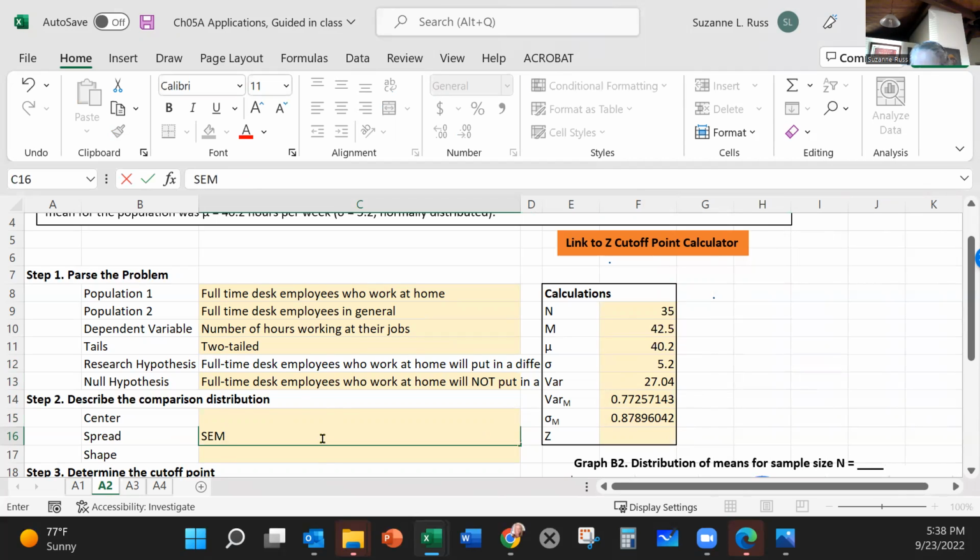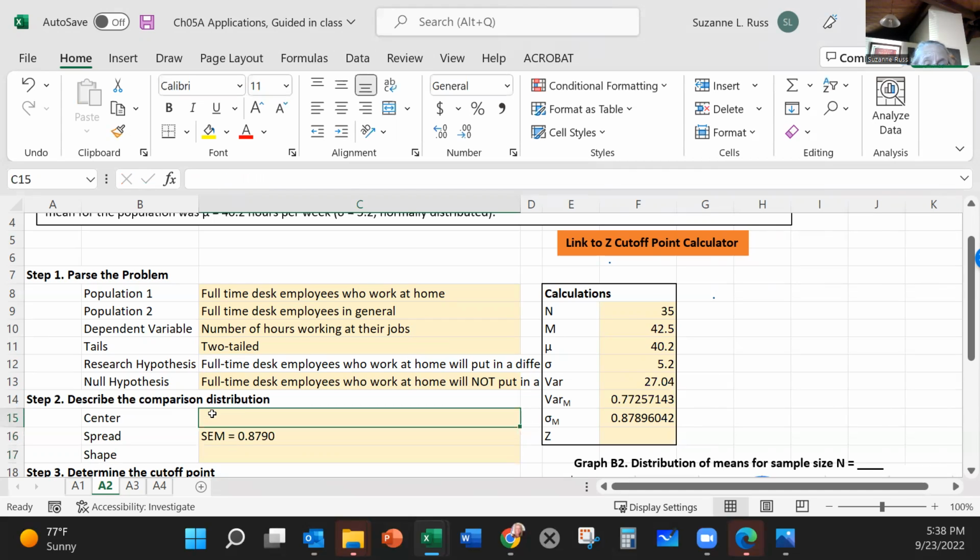I'll put that because we're talking about the distribution of means. So SEM equals 0. I'll round to 4 decimal places, 8790. And that's because I rounded the 89 up to 90. And that is the spread.